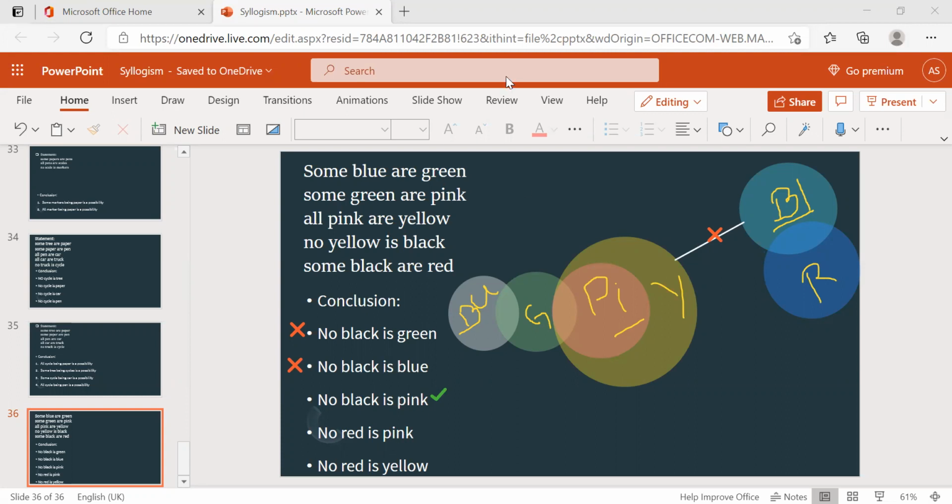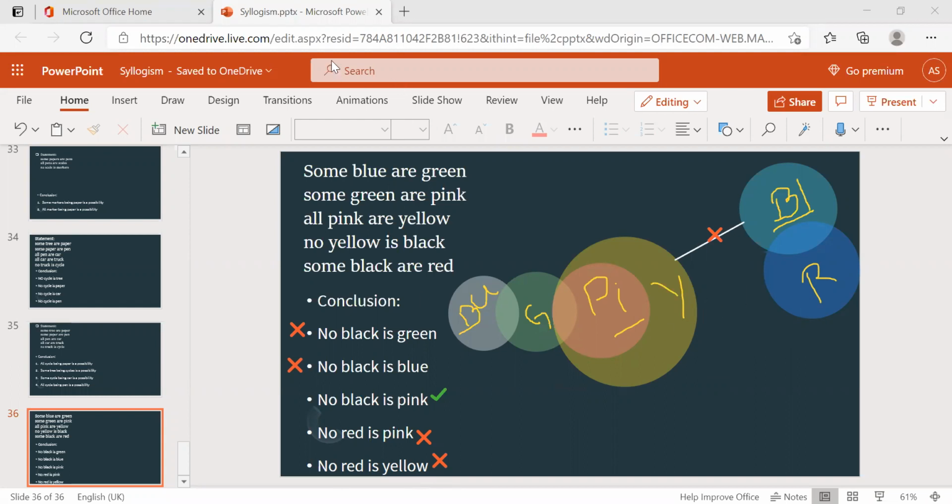It is also wrong. No red is pink is wrong. No red is yellow. It's also not possible. So if no red is yellow, it is also a wrong one. Same, based on these Venn diagrams with possible connections, you should consider it a wrong one.